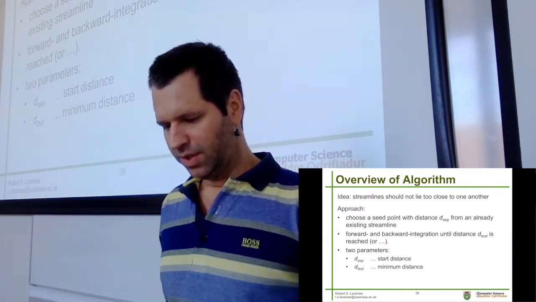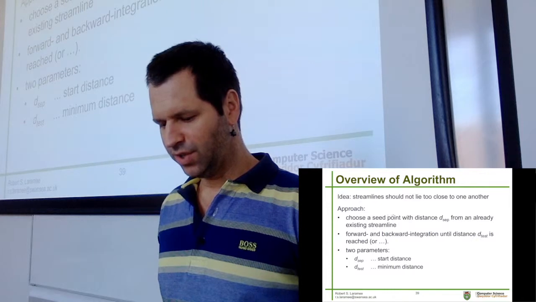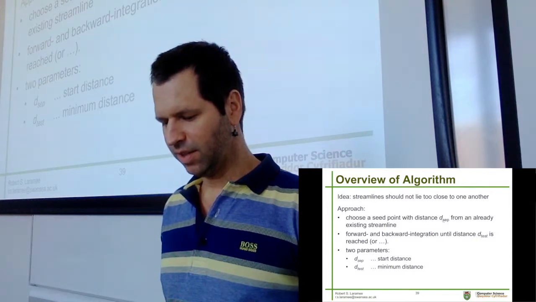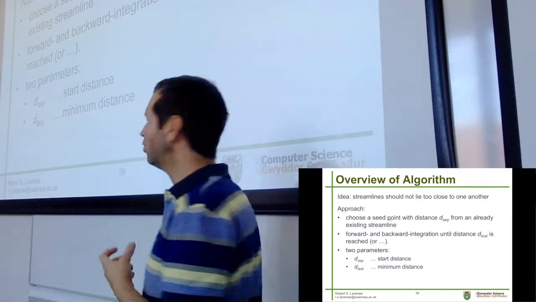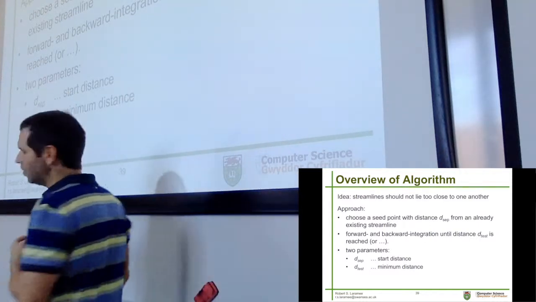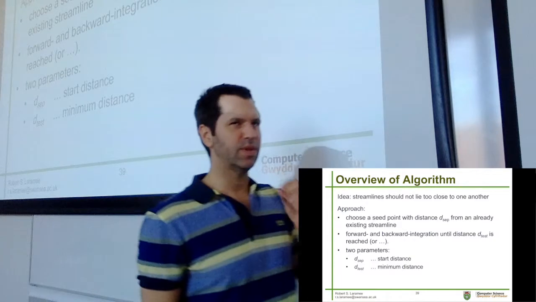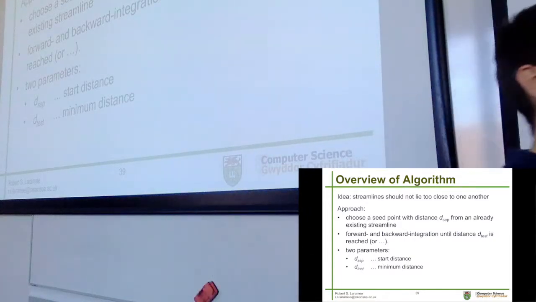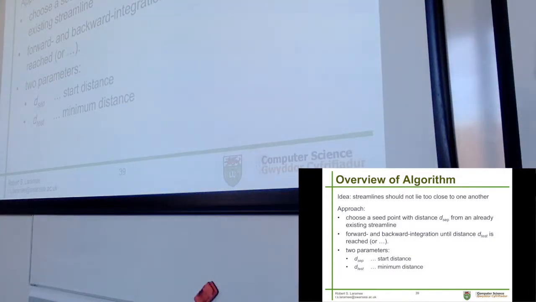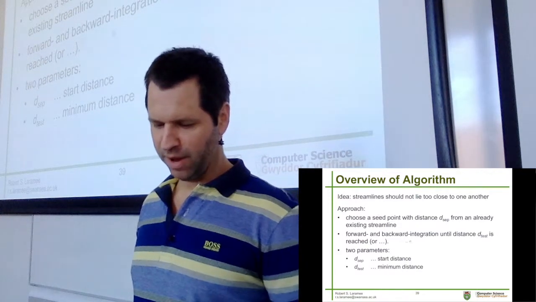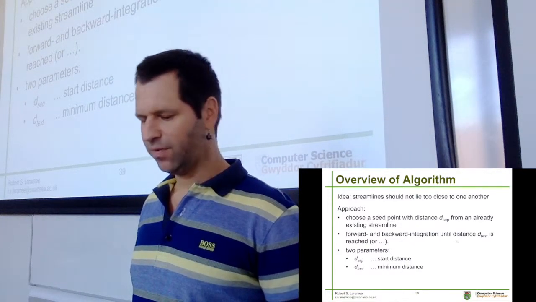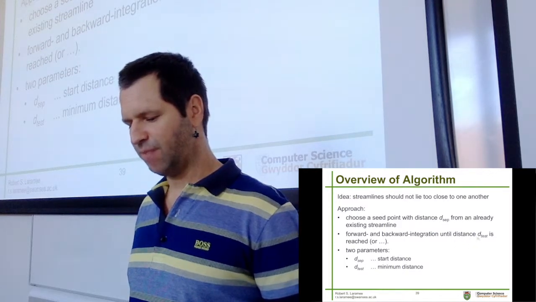So the main steps are to choose a seed point with distance d separation from an already existing streamline. That's the knowledge right there. So we're choosing streamline seeding points based on pre-existing streamlines. Then we do forward and backward integration for a certain amount of steps.